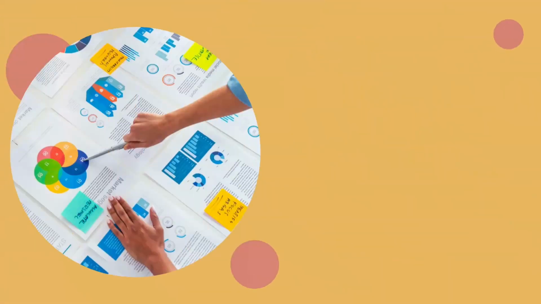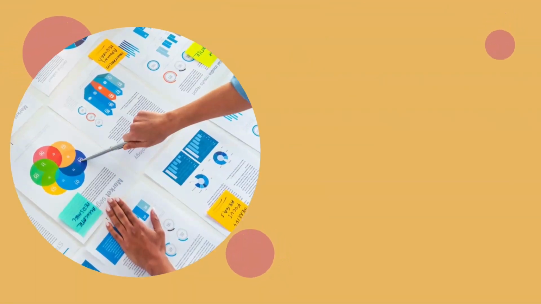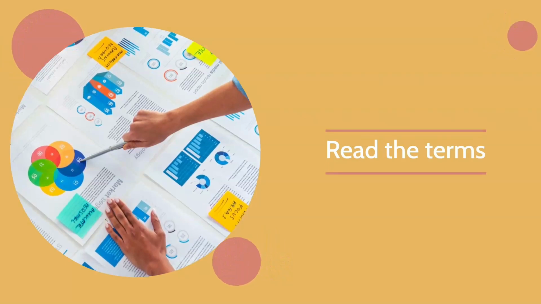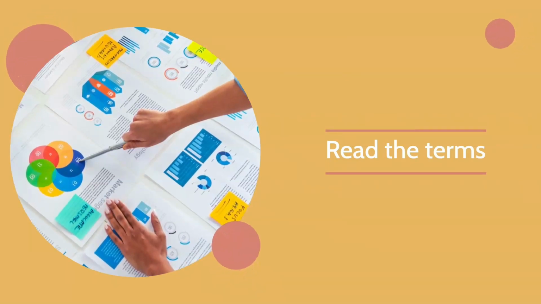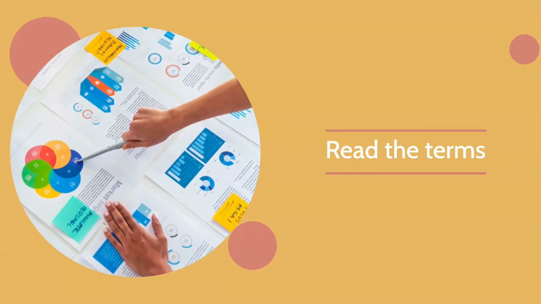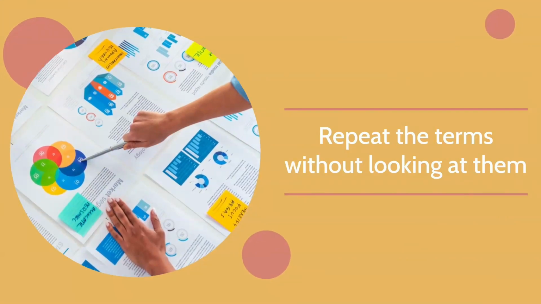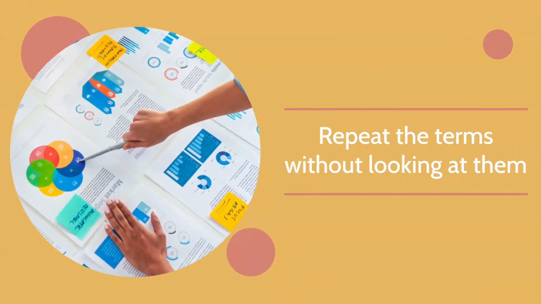To get used to the pronunciation of these new terms, you can take the following practical steps. The first step is to read all 6 terms a few times. Then, you can repeat the new terms without looking at them until you feel confident enough to use them.